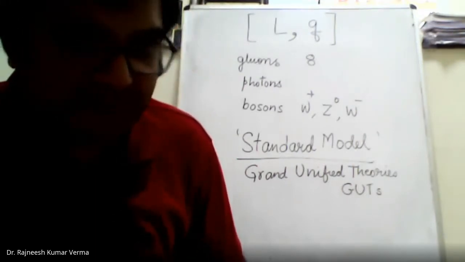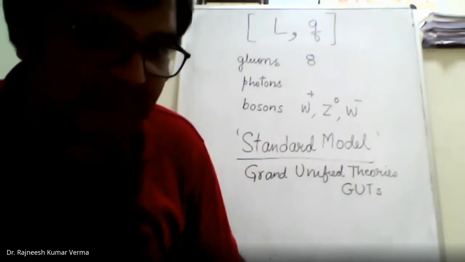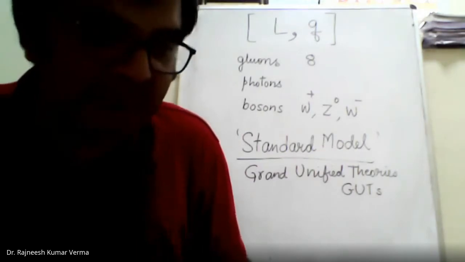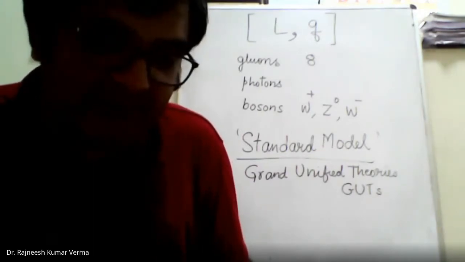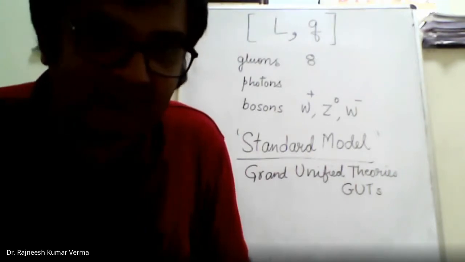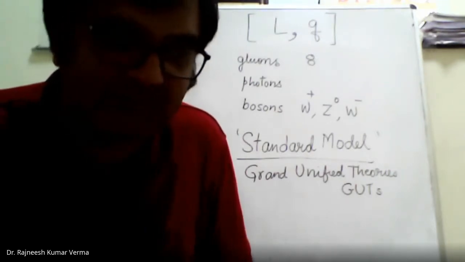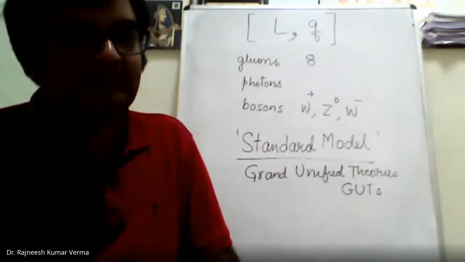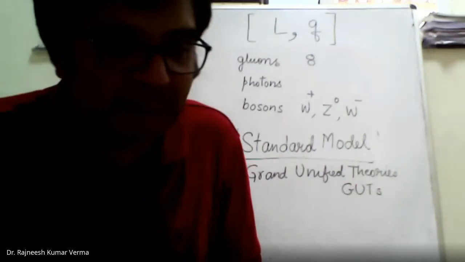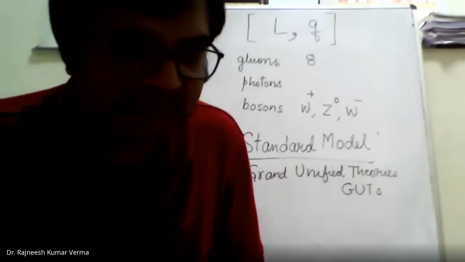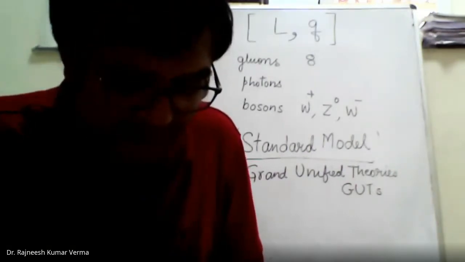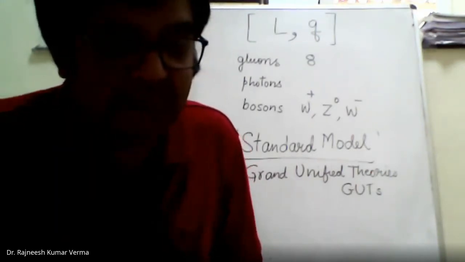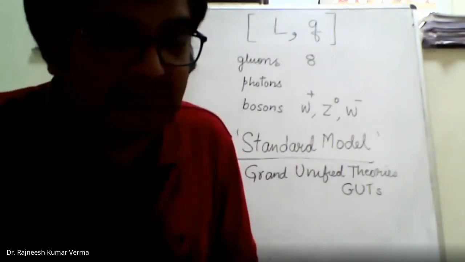So in this way, it was explaining few of the things, and it was predicting some strange things which have not been verified experimentally so far. So grand unified theories are not successful, and people are still trying. Many grand unified theories have been proposed, and they are not giving a complete picture of the unification of electroweak and strong interaction.